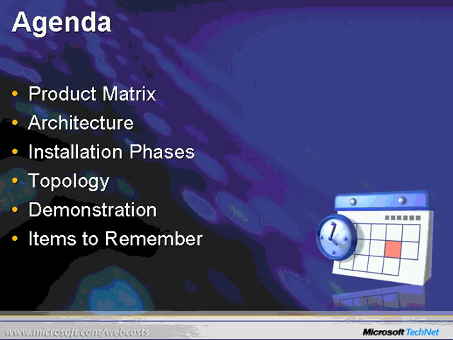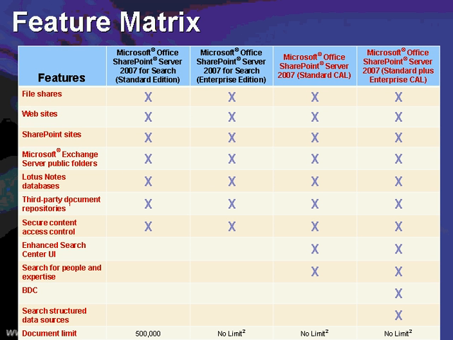I'm going to be heavy on demonstration today, light on slides, but I do want to give you a kind of a background or an overview of all the features of each of the products. So we talked about Microsoft Office SharePoint Server for Search last week, and today we're really focused on MOSS, and I'm going to be installing the Enterprise CAL version of this.